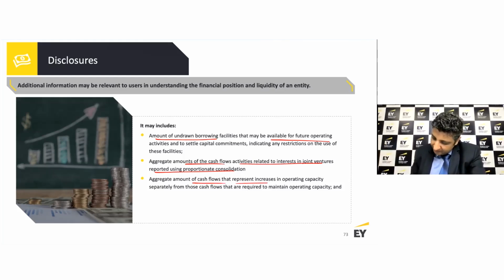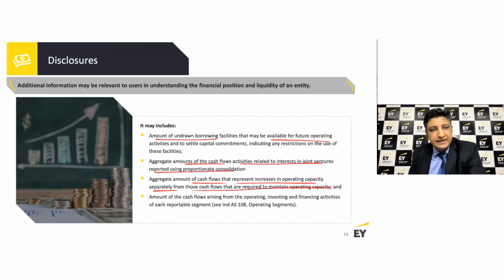Similarly, the amount of cash flows representing increases in operating capacity separately from the cash flows required to maintain the operating capacity. And finally, the movement of cash flows with respect to operating, investing, and financing activities for each reportable segment, something which Ind AS 108 specifically deals with.